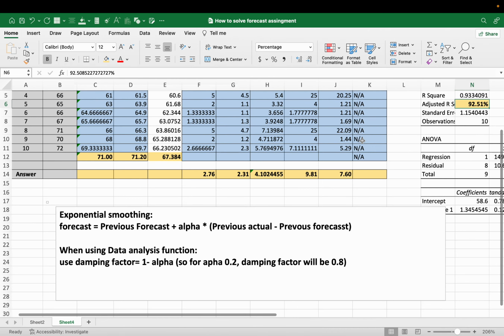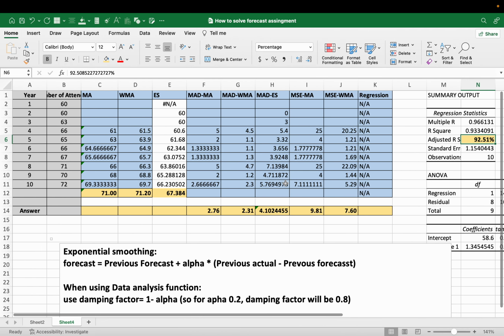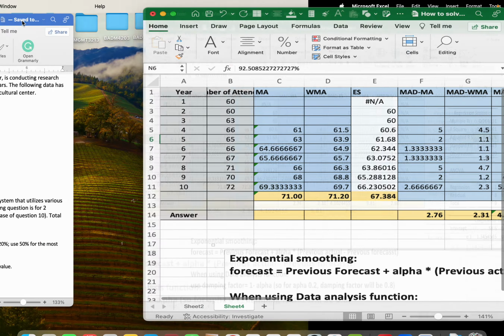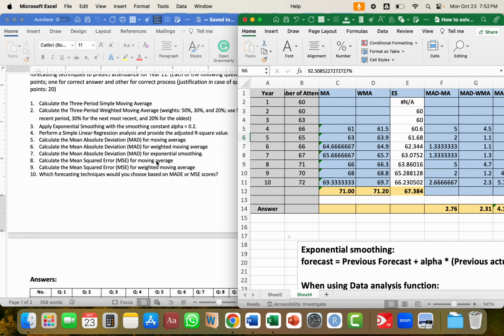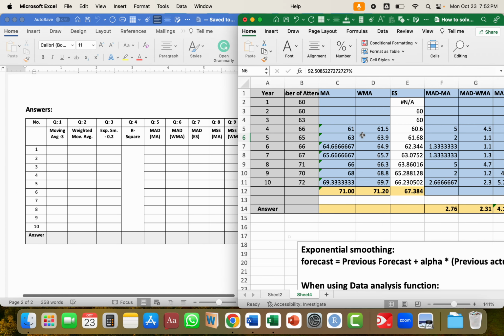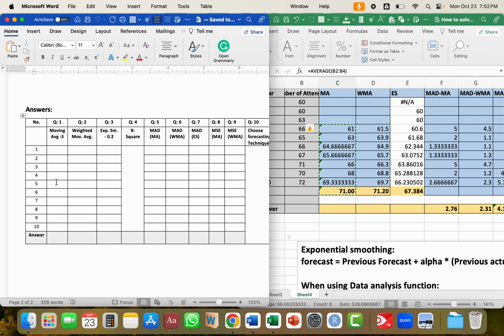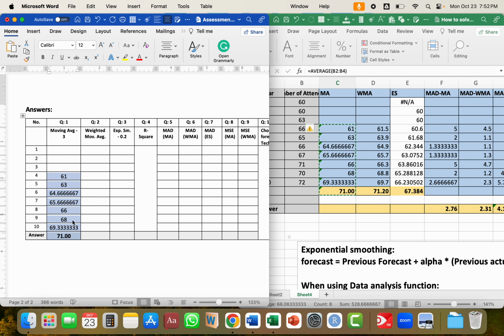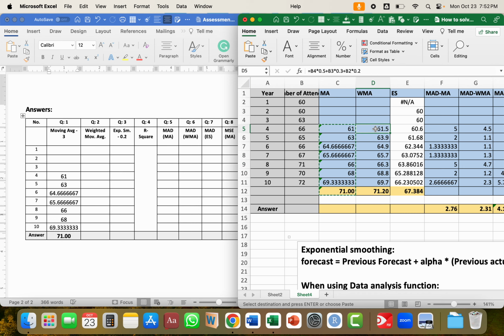Now the next thing is that once you are done with all this, then all these answers must be transferred to a word file that will be uploaded on Blackboard. So for example, let's say this is moving average, and I will copy this one here, and then I will go to weighted moving average.